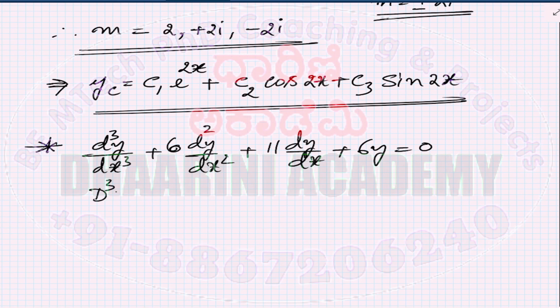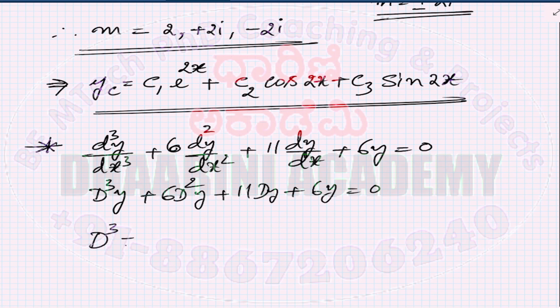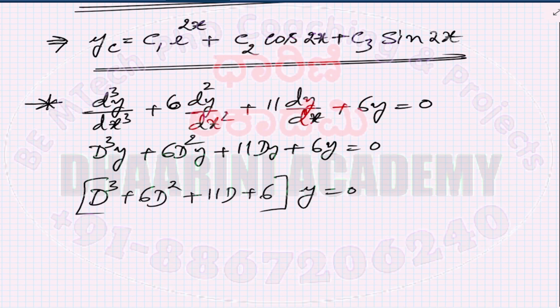This is d cube y plus 6 d square y plus 11 dy plus 6y equal to 0. This means you can write d cube plus 6d square plus 11d plus 6, this into y will be equal to 0.